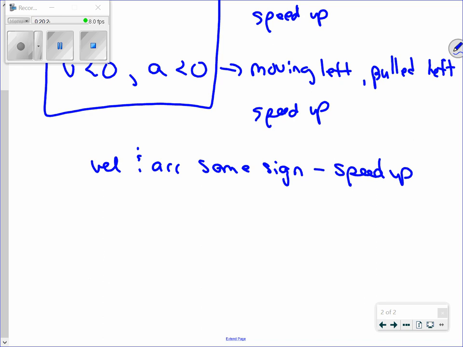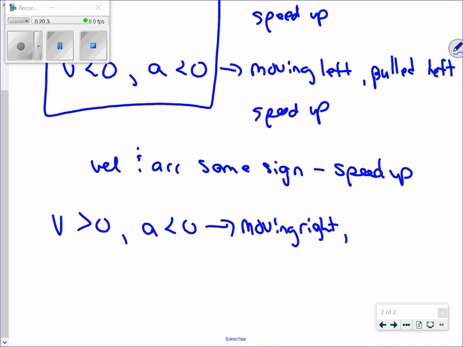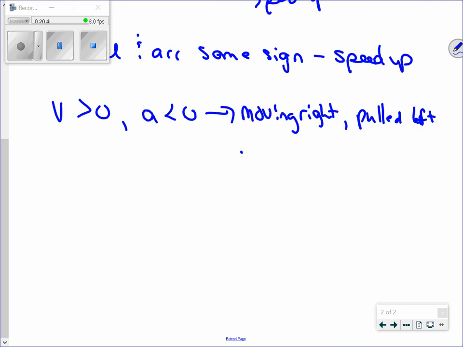Now, the counter to that, if the velocity is positive and the acceleration is negative, and you are moving to the right or up, as you try to move to the right, something pulls you to the left. If you are trying to move right and something pulls you to the left, you are going to slow down.